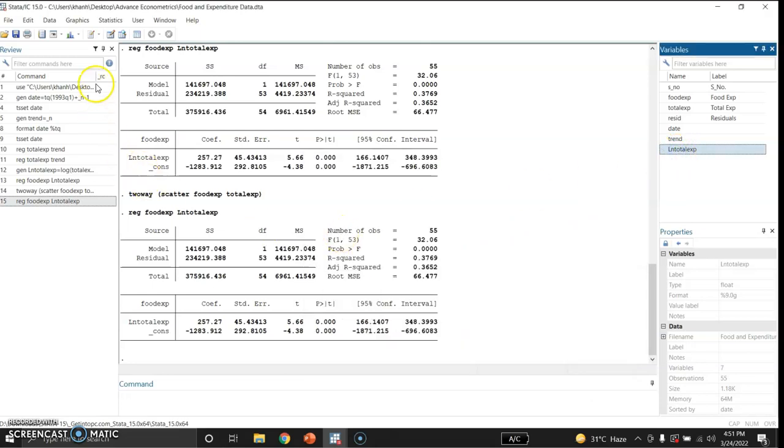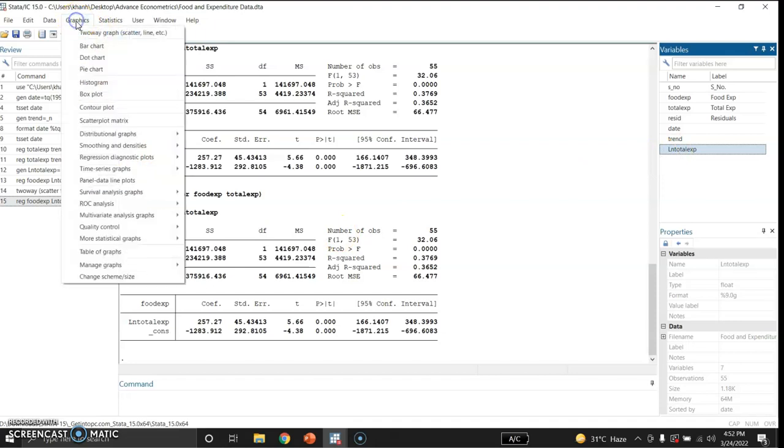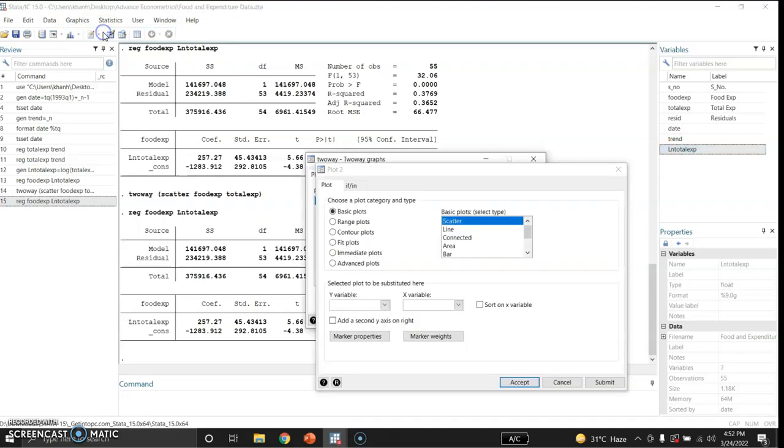Sorry, it should be like this, and here is the natural log of total expenditure, and my x variable should be food expenditure, and I'll say okay.